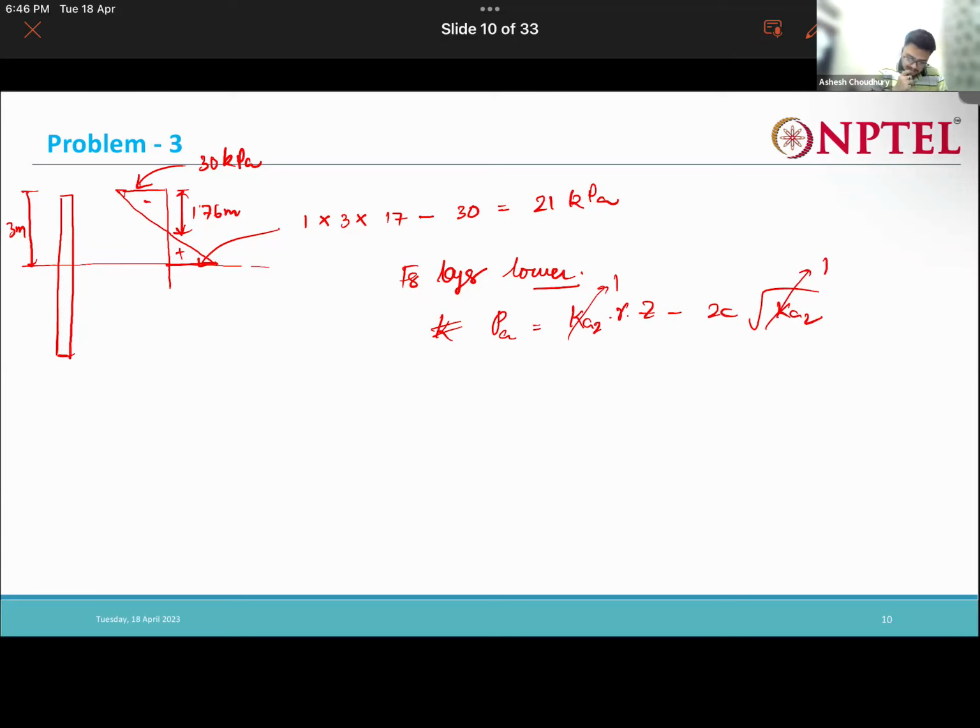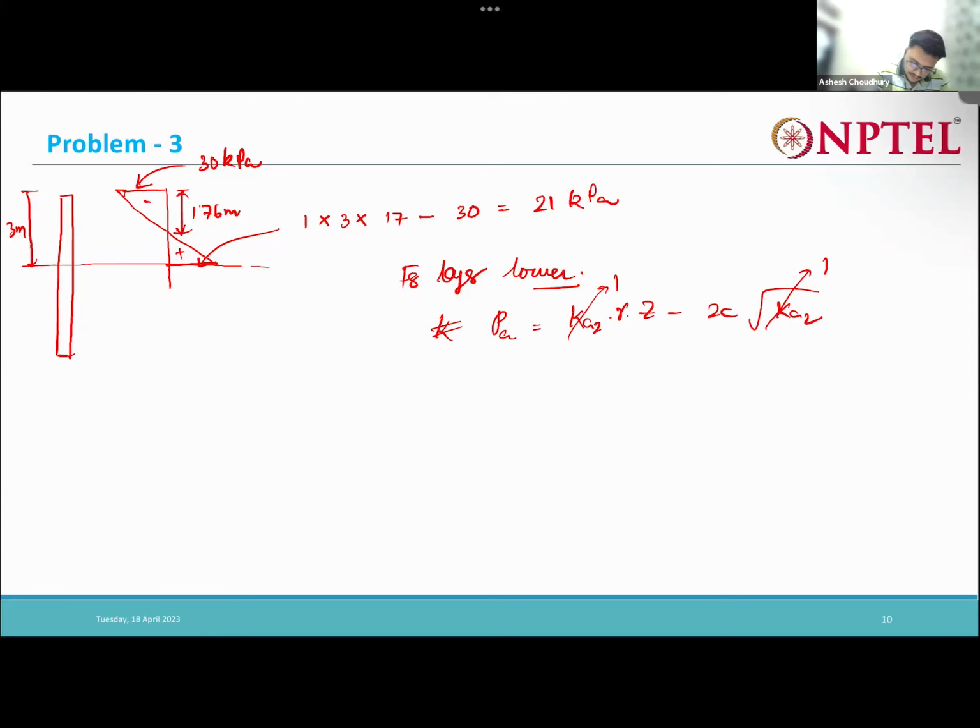Now, due to the overburden, what is the overburden here? 3 into 17, that is 51. 51 is the overburden. So we will get something like this here. This one will be, out of the total 5, 2 meter.